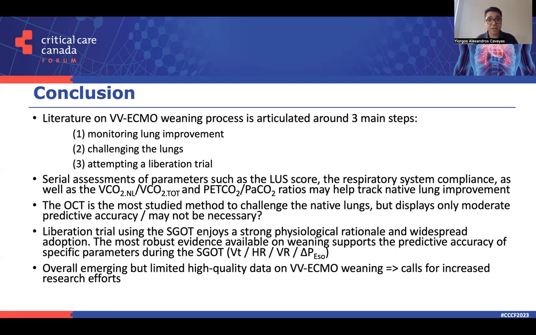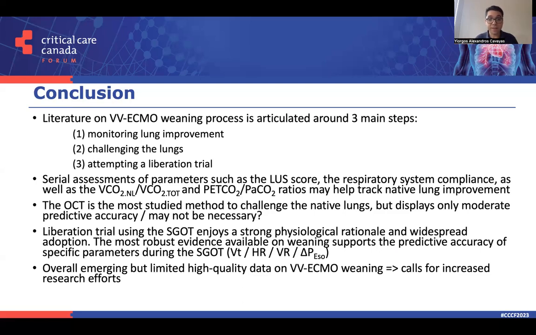The oxygen challenge test is the most studied method to challenge the native lungs, but it displays only moderate predictive accuracy and may not be a necessary step. This still remains a matter of debate. Liberation trials using the SGOT enjoy a very strong physiological rationale and widespread adoption.